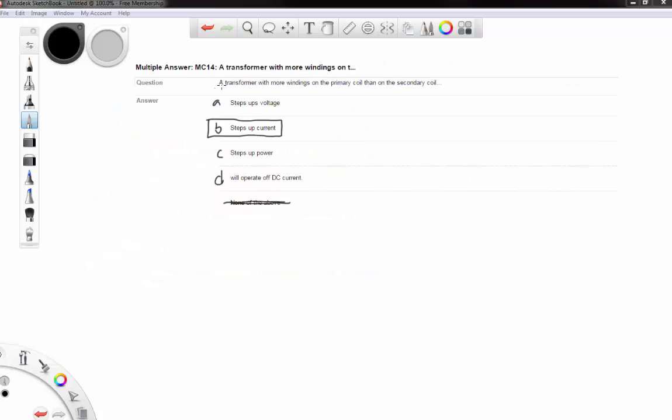Okay, so this one basically says a transformer has more windings on the primary coil than on the secondary coil. This is basically saying that N1 is greater than N2.